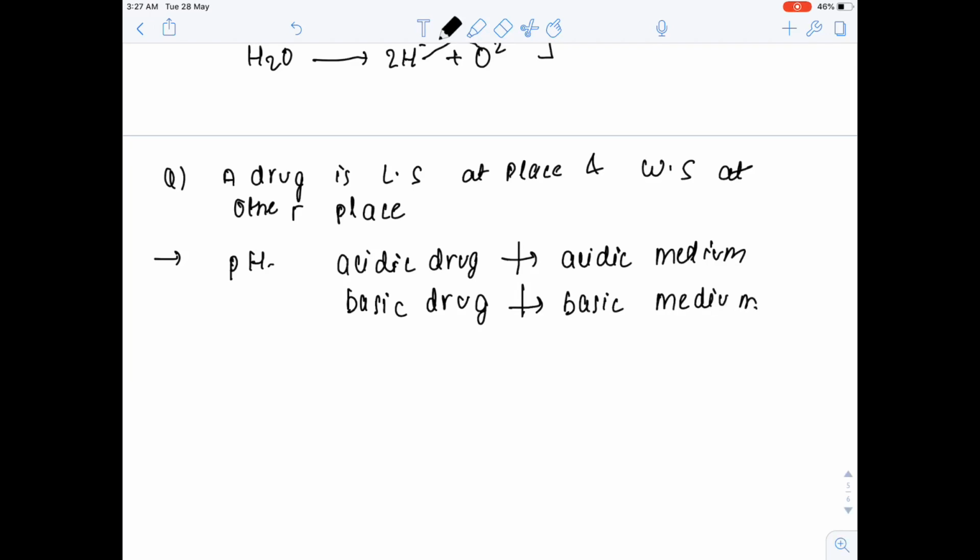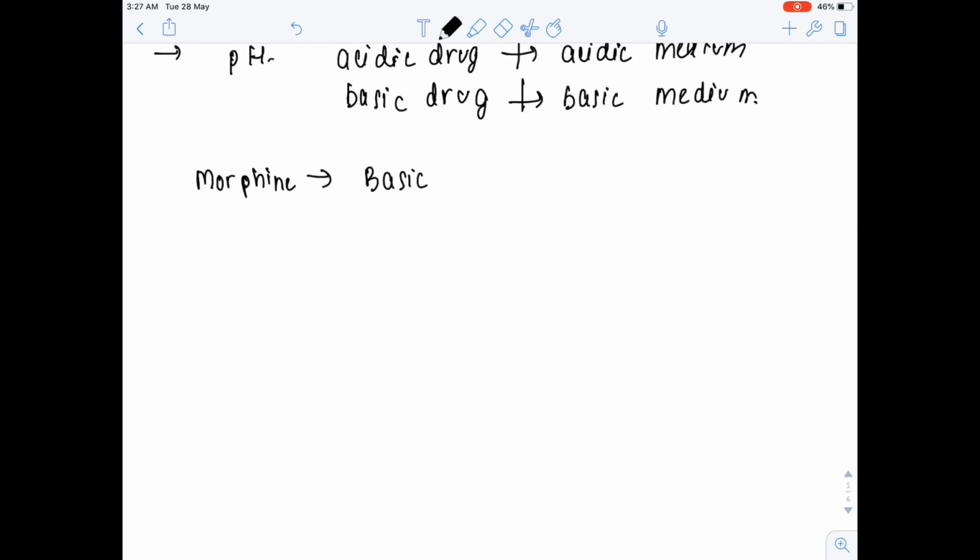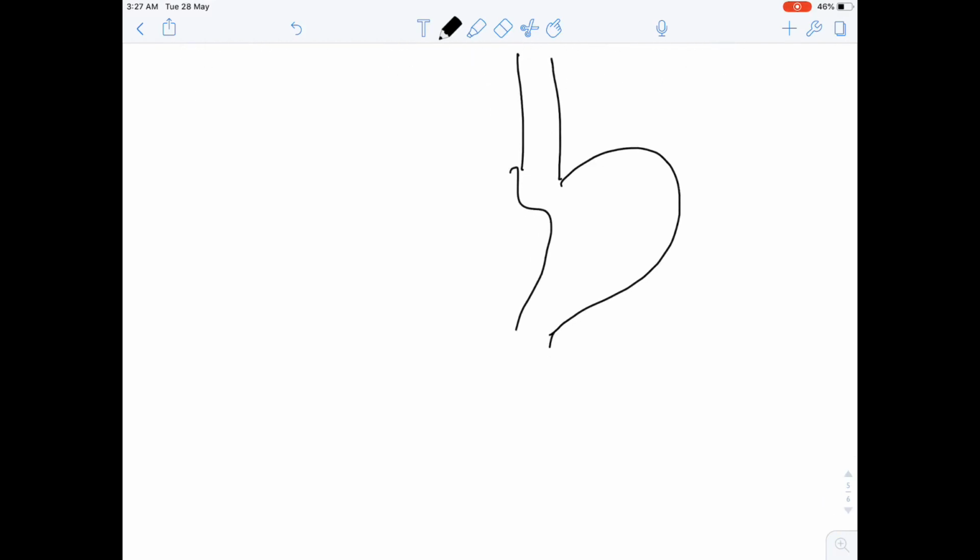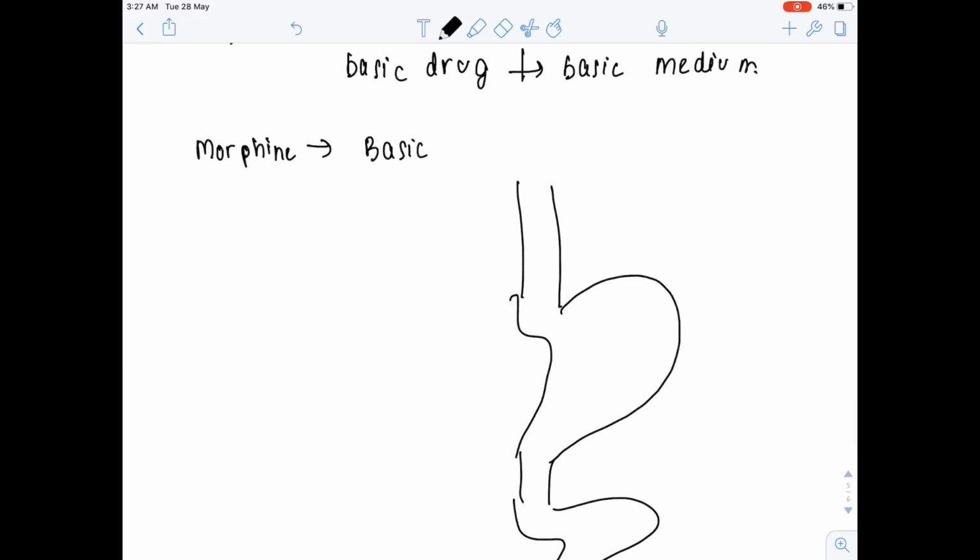Suppose I am giving you the example of morphine. What is its chemical nature? It is basic in nature. Now suppose a person has taken morphine, it reaches the stomach and after that it reaches the intestine.